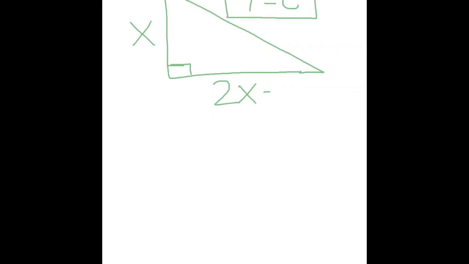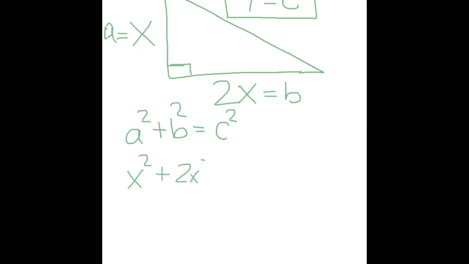And my base is 2x. And the side, or the height, is A, is x. So now using the Pythagorean theorem, I have A squared plus B squared equals C squared. My A is x, so I have x squared, plus my B is 2x, I have 2x squared equals C squared.